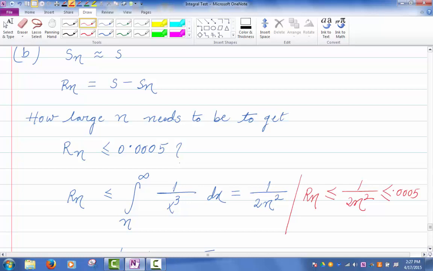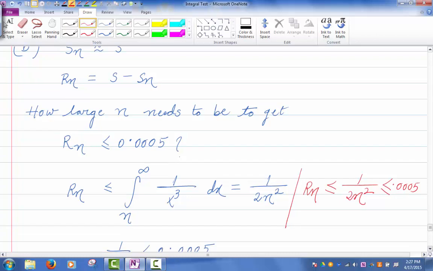And if you compute the improper integral, you are going to get 1 over 2n squared. So then what do I have? I have Rn, the error, is less than 1 over 2n squared. And the question I ask is how big n needs to be to make sure that 1 over 2n squared is less than 0.0005.